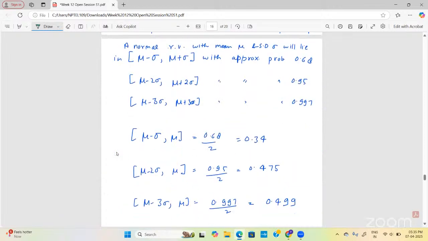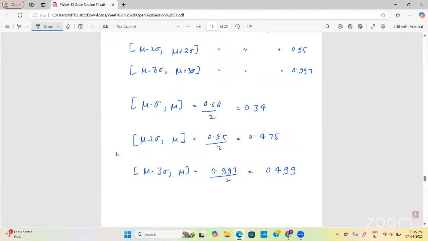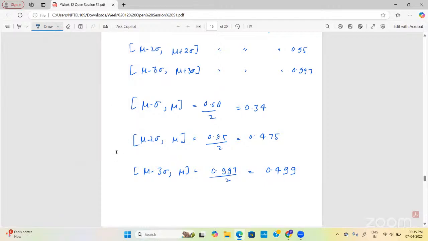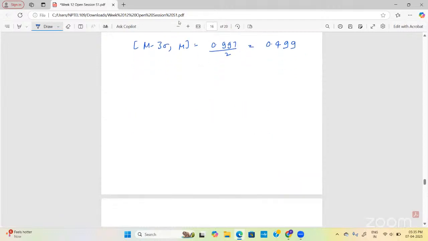Okay, now if you understand this approximation, then we can move on to the questions. Does anyone have any doubt? Okay, then let's solve some questions.